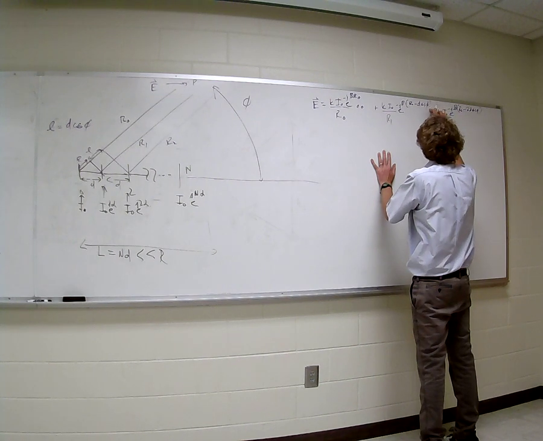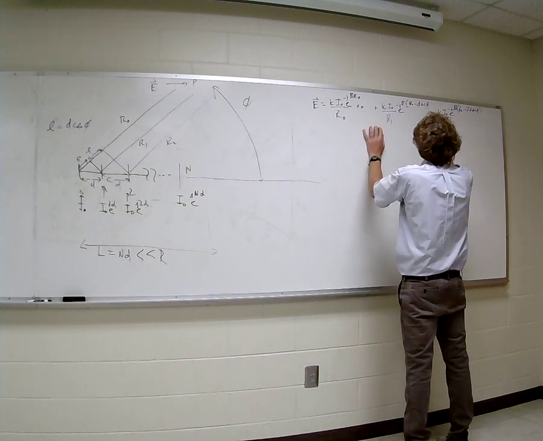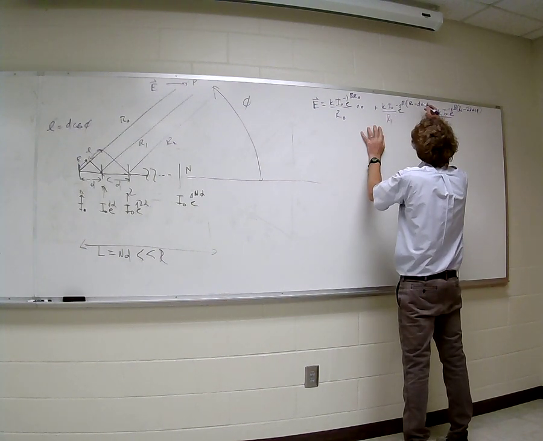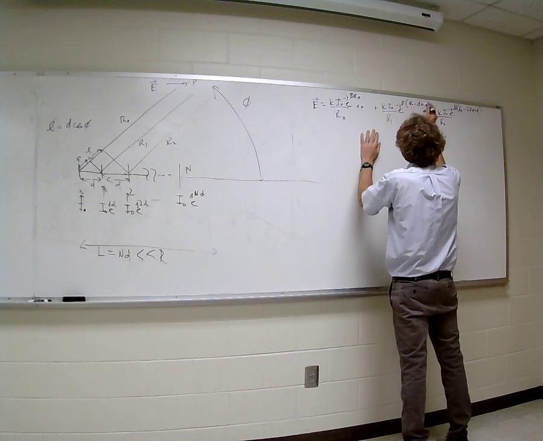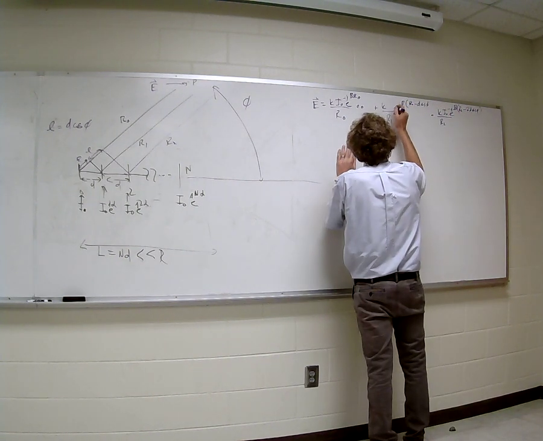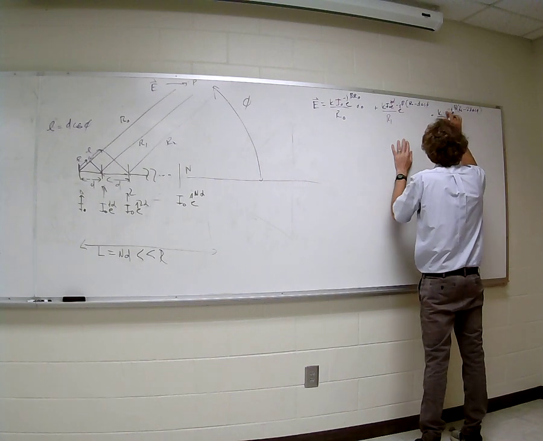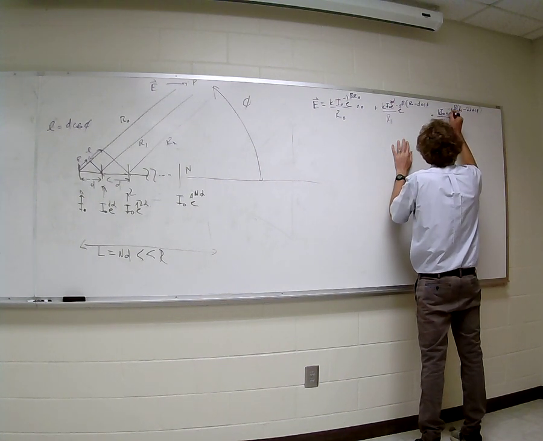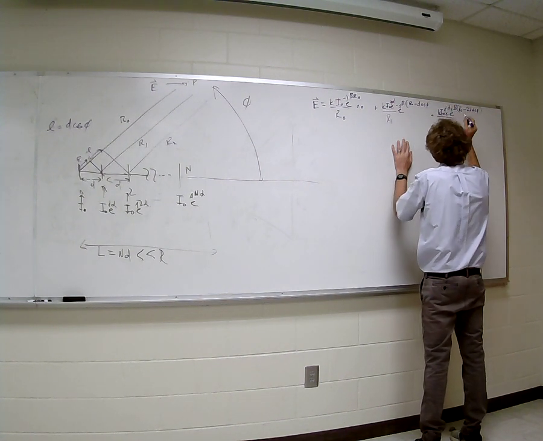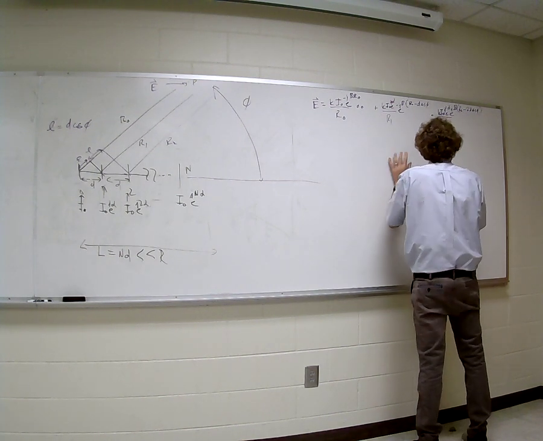It would be I naught e to the j alpha, and I can put it right here. And this would be I naught e to the j 2 alpha. And then dot, dot, dot, and I'll get out of your way.